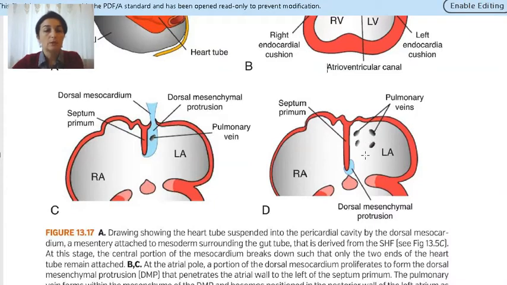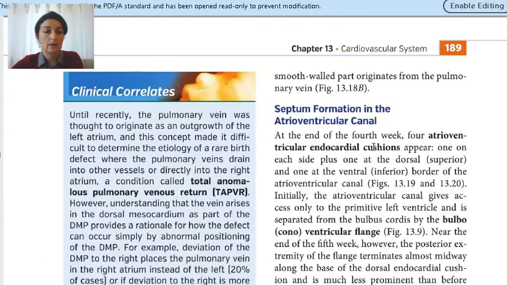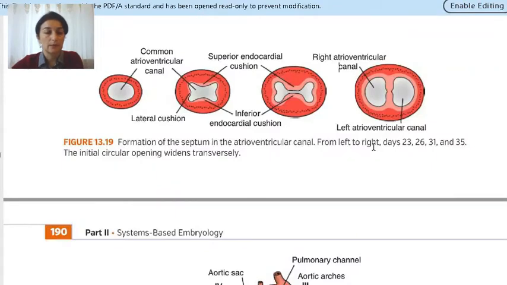They will form here the smooth-walled region of the left atrium, and the remaining part will be the trabeculated portion of it. And so that is the smooth-walled part of the left atrium, that is the smooth-walled part of the right atrium, and that is how the pulmonary vein is developing here, and its initial part is incorporated into the left atrium, and in that way it expands the lumen of that atrium.